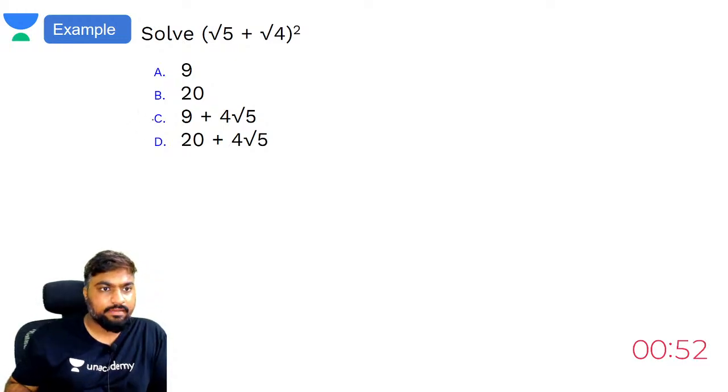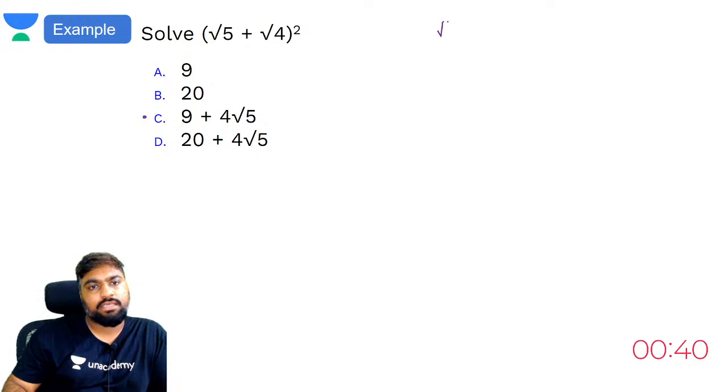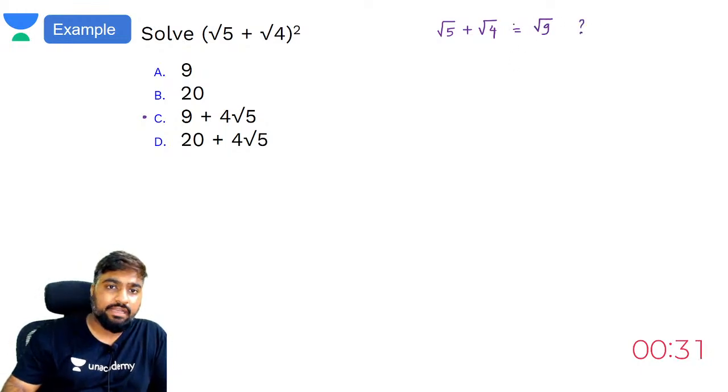Everybody says C. Very good, very good. Superb, superb. Amazing guys. So what is this? Is root 5 plus root 4 equal to root 9? Is this true? Definitely not.